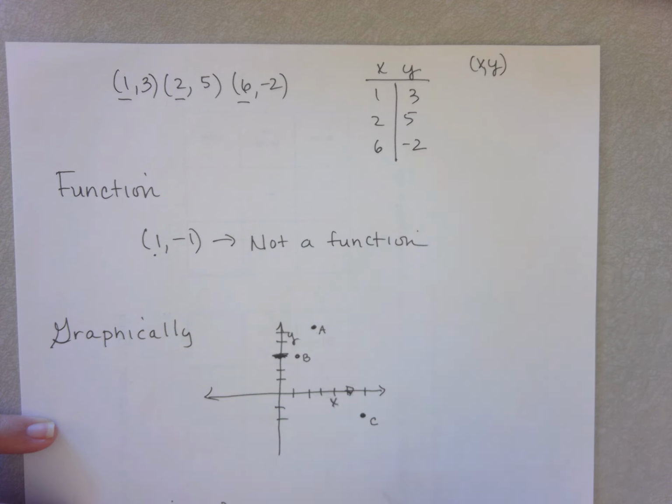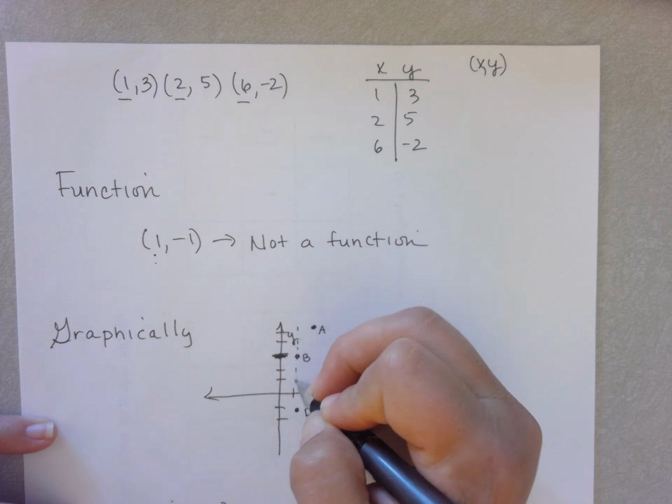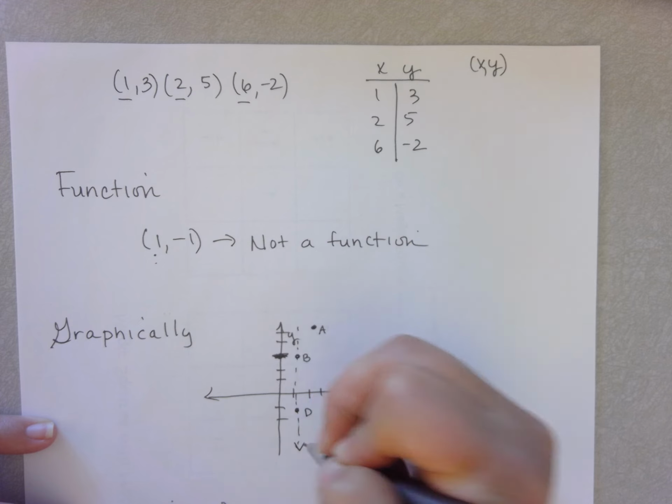So this particular one is a function, but when I add in this 4th point, this 1, -1, I end up with this point right here, which I'll call D. And now B and D are on the same vertical line.